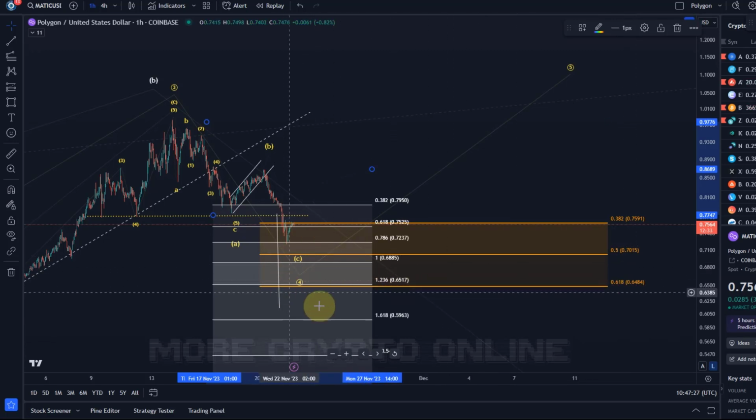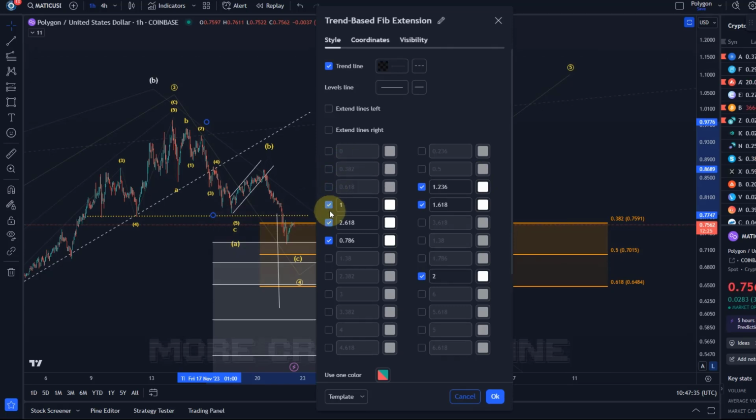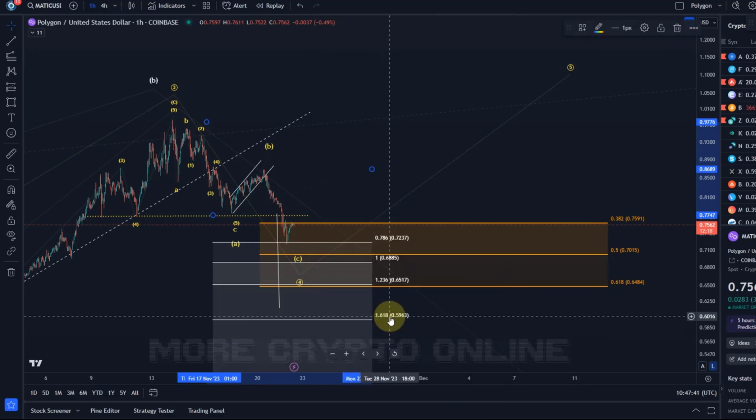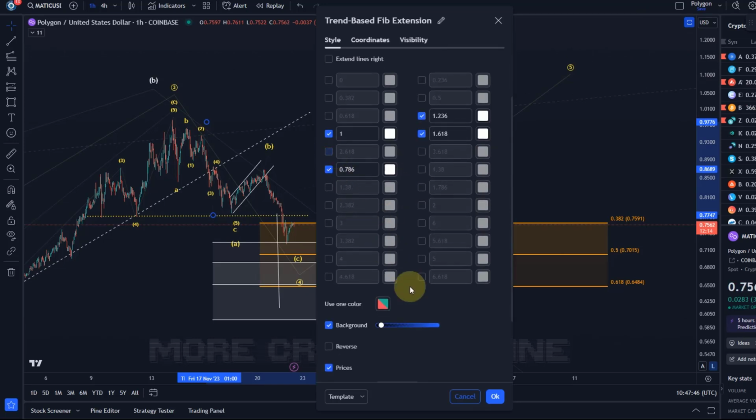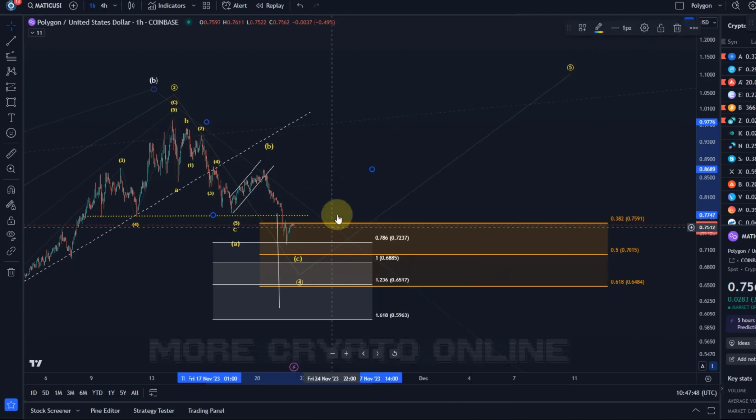Below that, the 60 cent level is the 1.618 extension level. I would not rule that out. Maybe I will leave them here on the chart as another key area to watch. But below the 1.618, things are starting to look a little bit more bearish, but we would then have to look at the structure.